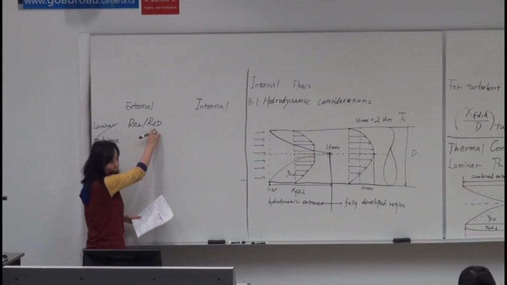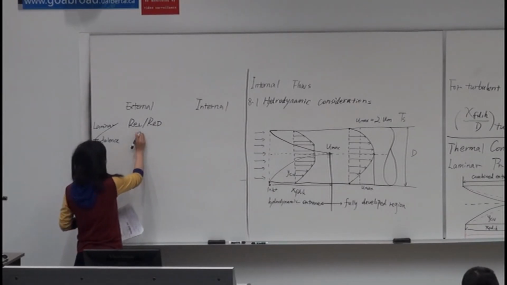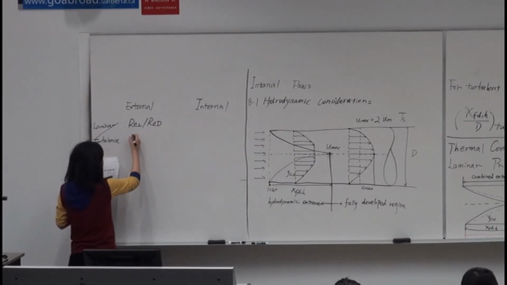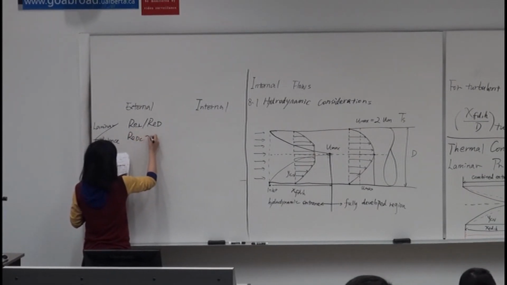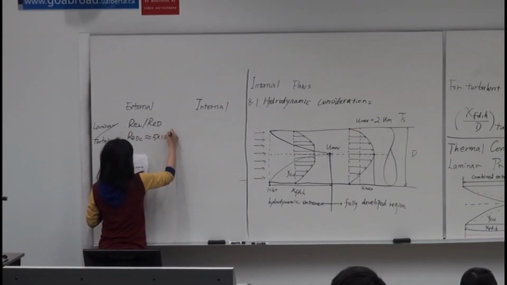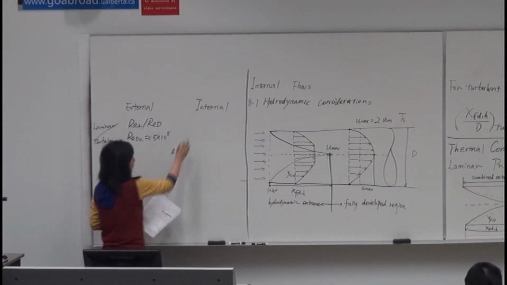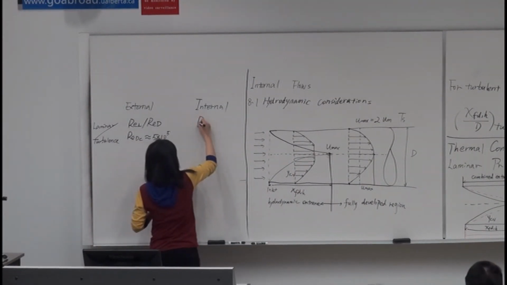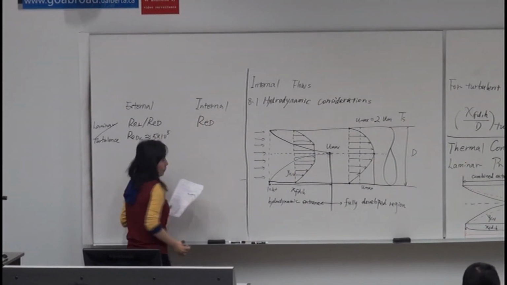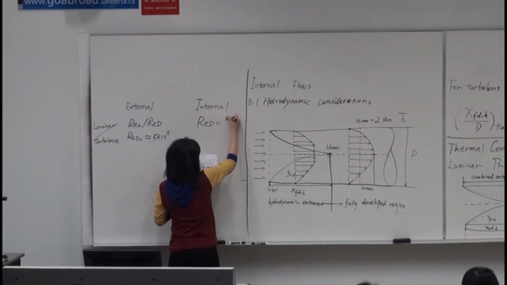For a cylinder or sphere, you use the diameter as the characteristic length. And we know that for a flat plate, the critical Reynolds number is like 5 times 10⁵.